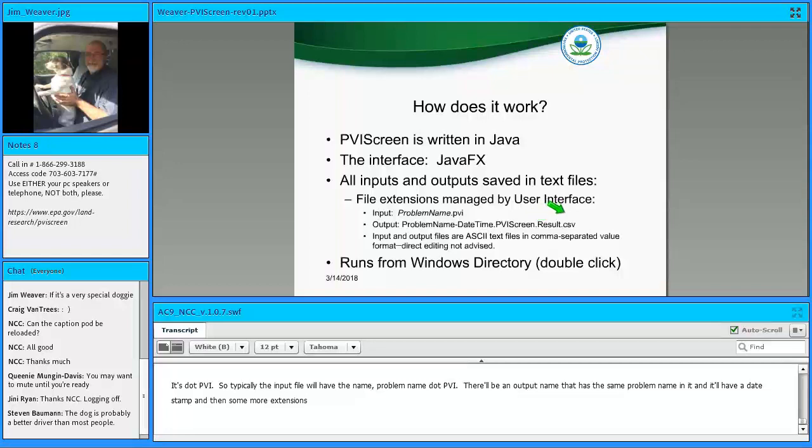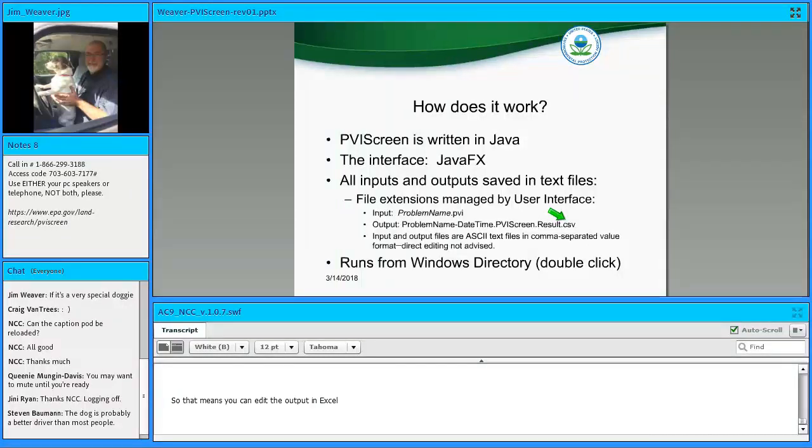Okay, the most important thing about the extensions is the last one, which is CSV, which stands for comma separated value. Okay, so that means you can edit the output in Excel. You can also edit the input files in Excel.